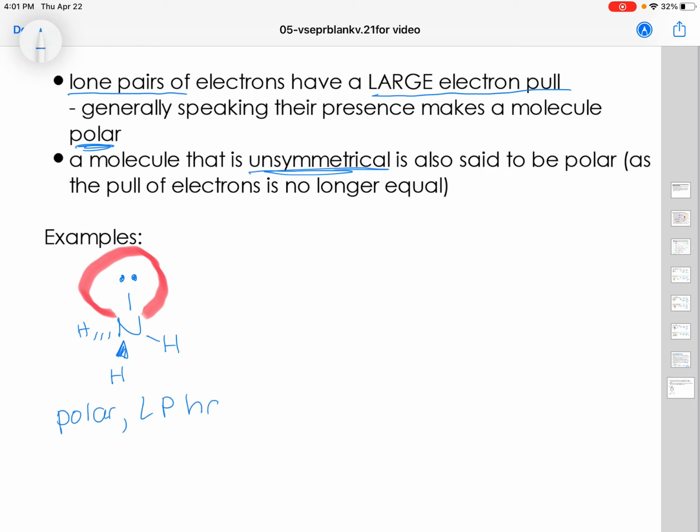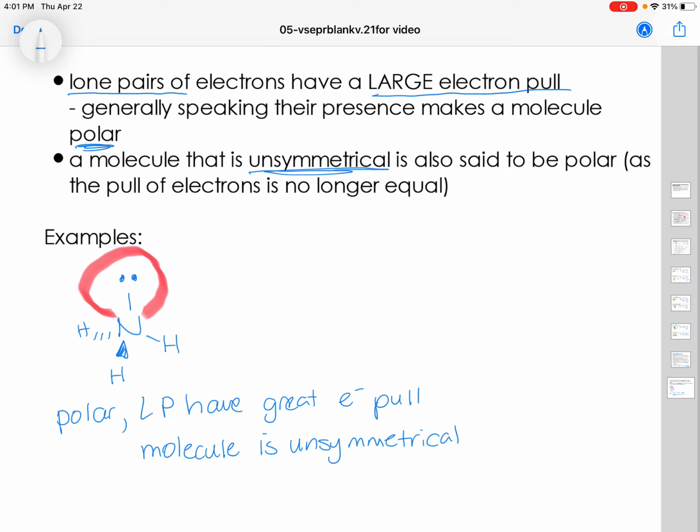Lone pair have great electron pull. You could say molecule is unsymmetrical. I would accept that because the top of the molecule contains the pull of the lone pairs and the bottom does not. What else could you say?